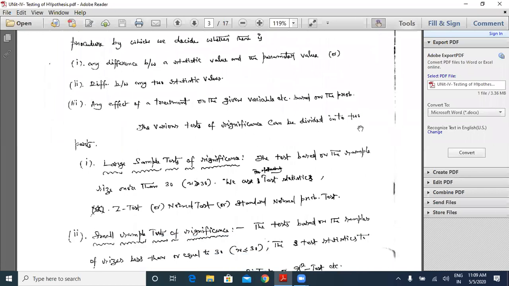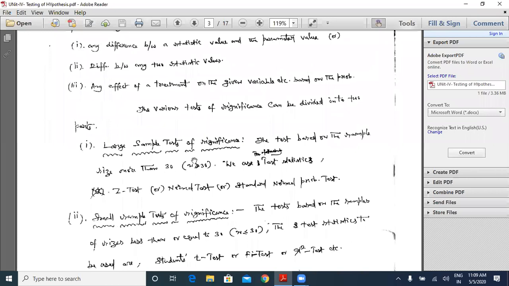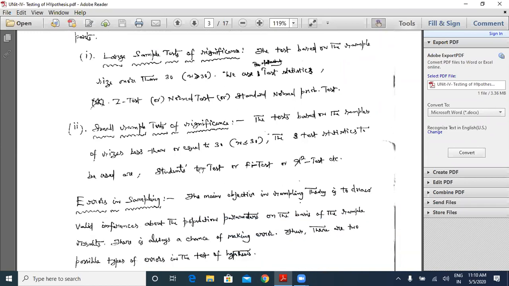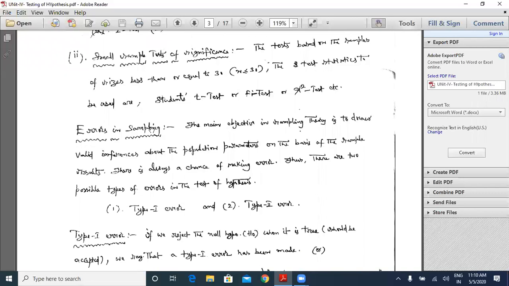Tests of significance are divided into two parts: large sample tests, which you have to study in this unit, and small sample tests, when n is less than or equal to 30. Here it is n greater than 30. When n is greater than 30, you use the Z test. When n is less than or equal to 30, you use the F test, t test, or chi-square test. That comes under the next unit, and this part you have to study here only.